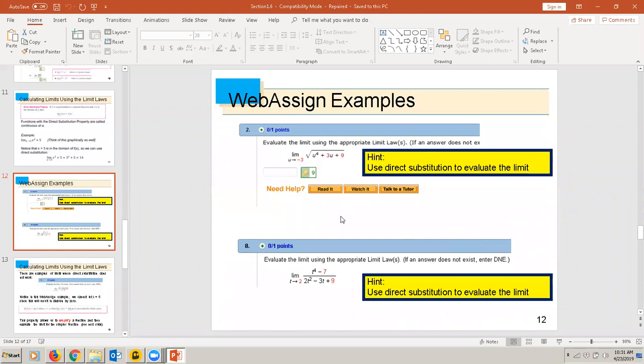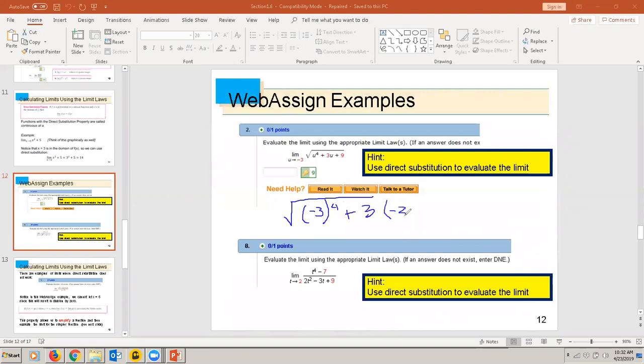To work this out, what I could do is just evaluate this function when u is -3. So I'm just going to replace u with -3 in this function and then work this out numerically. This is going to be the square root of -3 to the 4th, which is 81, and then plus -9 plus 9. So this is just going to be the square root of 81, which gives us the answer of 9.